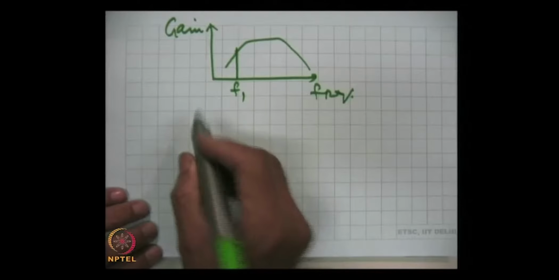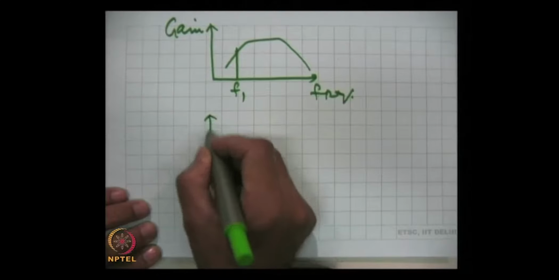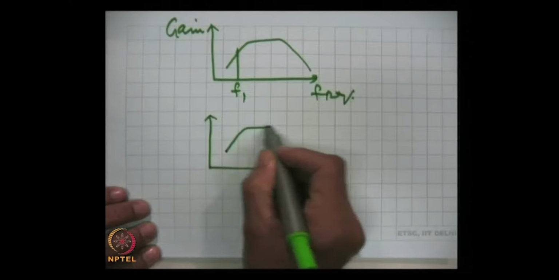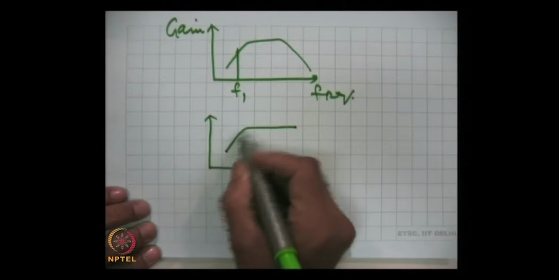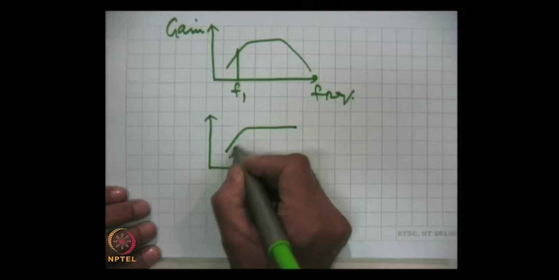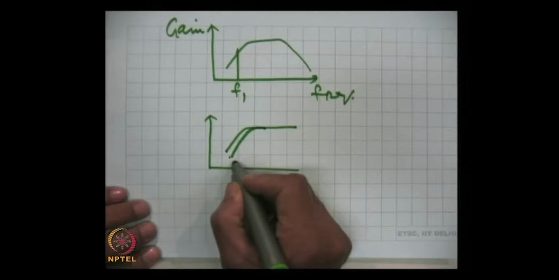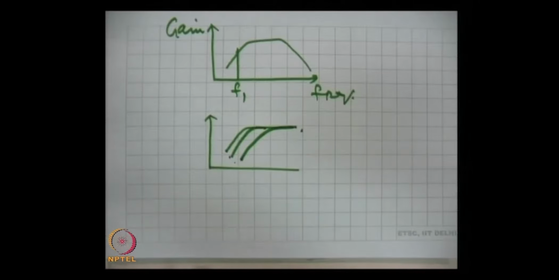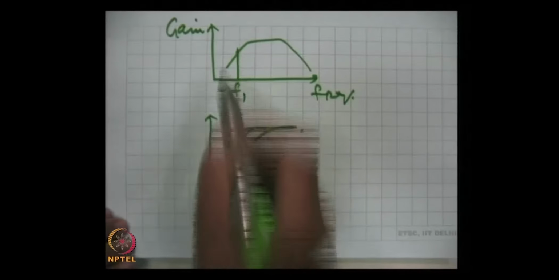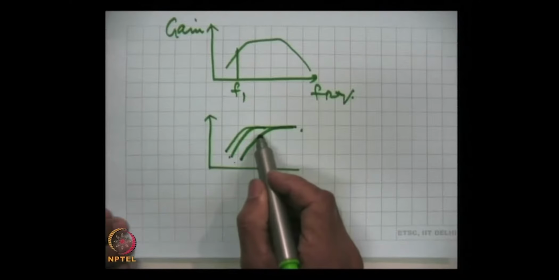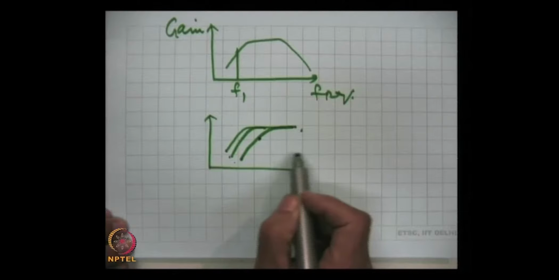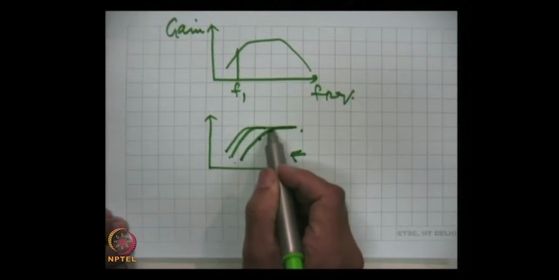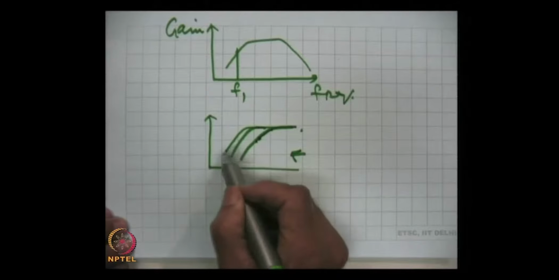And why highest one? For example, if these are 3 cutoffs, one is here, the other goes here, and the third one goes here, then obviously this cutoff will come because of this, because when we decrease the frequency of signal, the cutoff will start right from here, and the others will come later on.